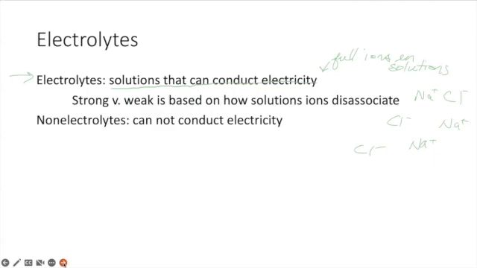So there can be strong electrolytes and weak electrolytes. And strong is based off of how the solutions and the ions dissociate. So a strong electrolyte is going to dissociate very well, meaning it's going to be very soluble. It's going to dissolve very easily.